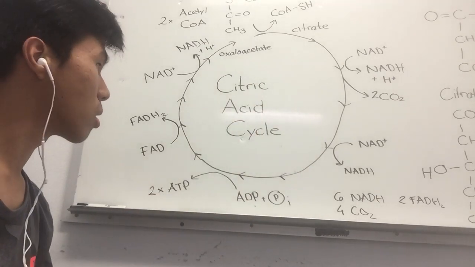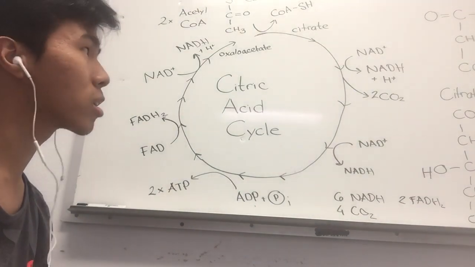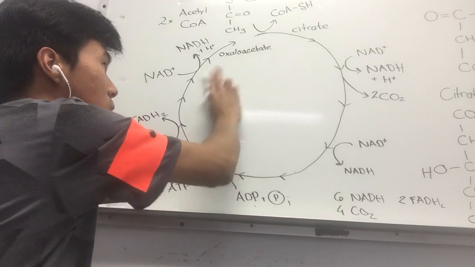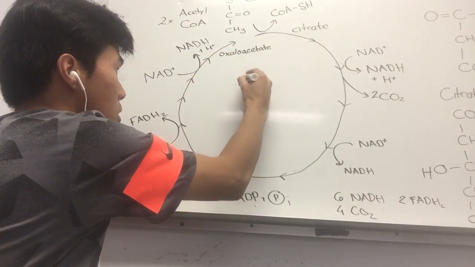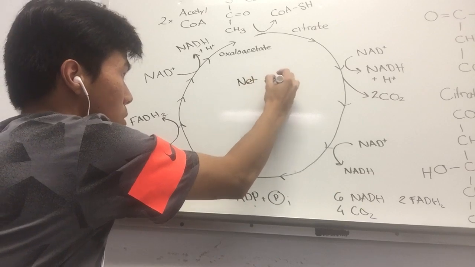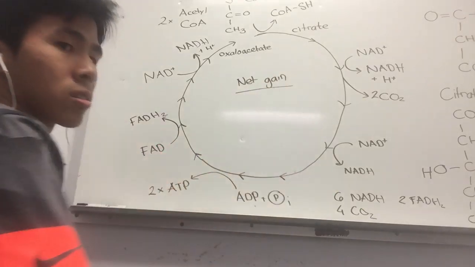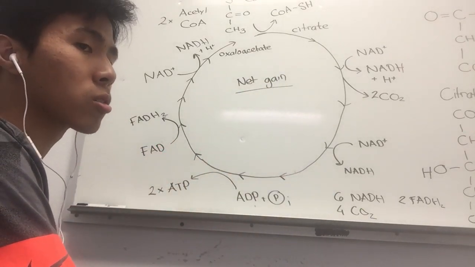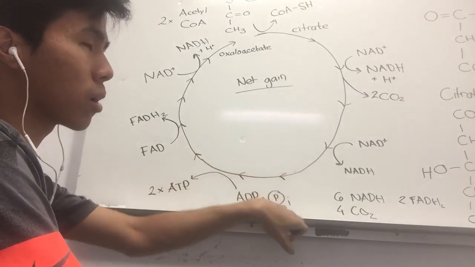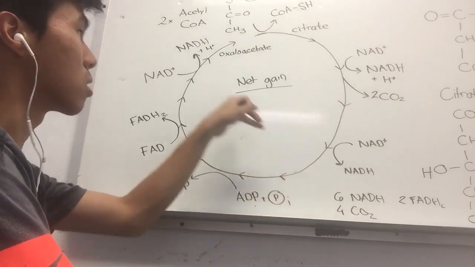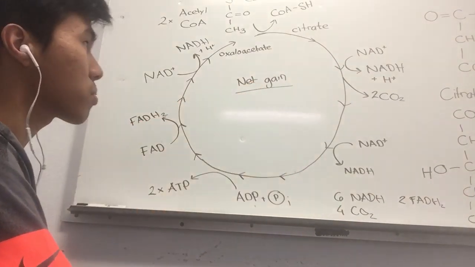From this point we can calculate our net gain of products so far from the beginning. This will include all the products that we've made since glycolysis, pyruvate oxidation, and the citric acid cycle.